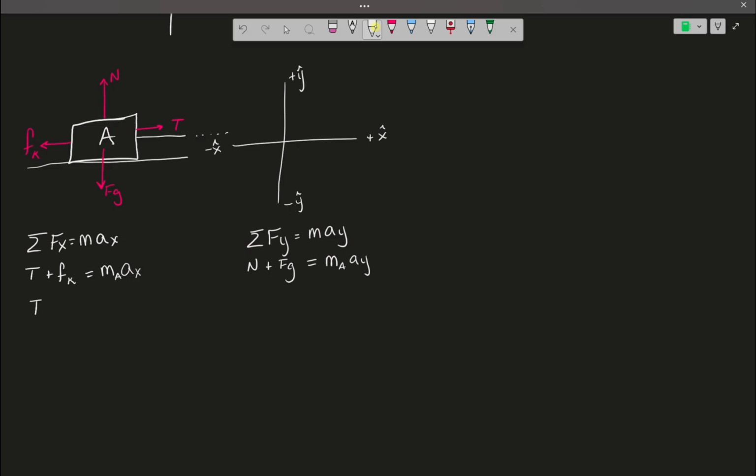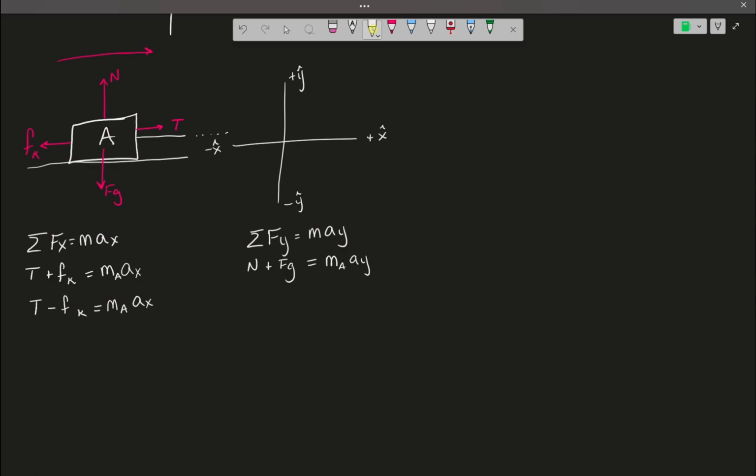My frictional force is going in the negative x direction, so I'm going to have minus the coefficient of kinetic friction. And if this object were to move, we said that it was going to be moving in that positive x direction, which means that the acceleration would stay in the positive x direction, so this will be a positive value.